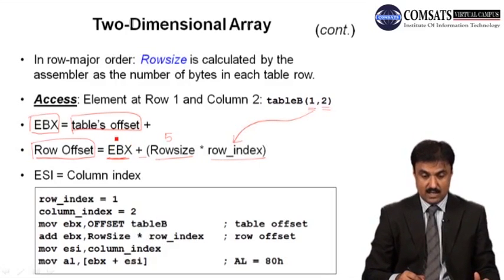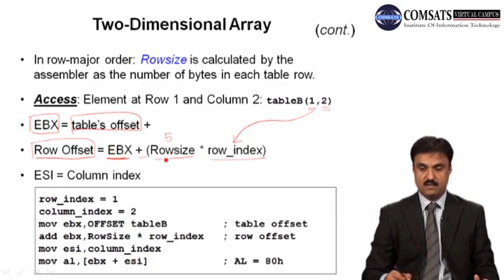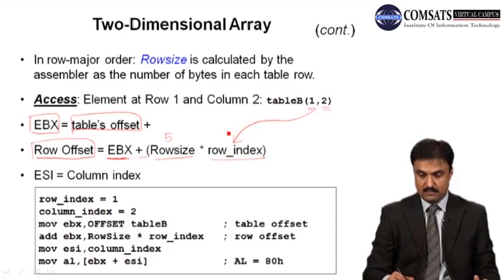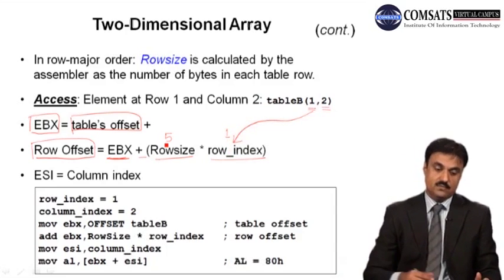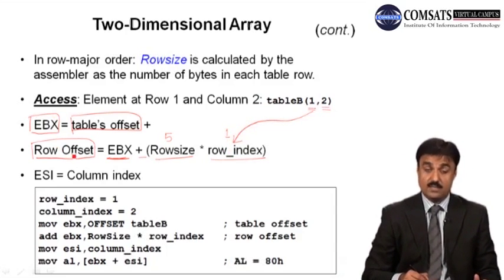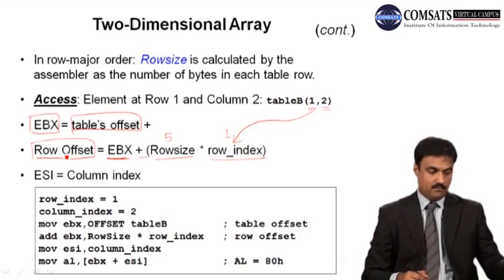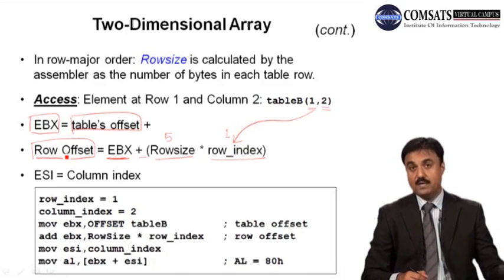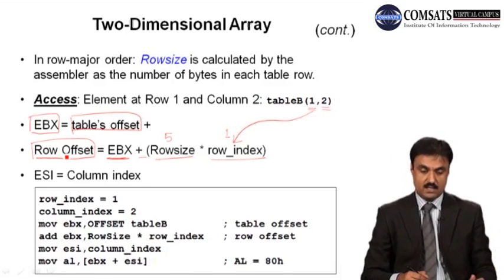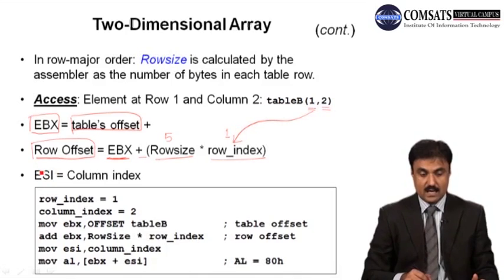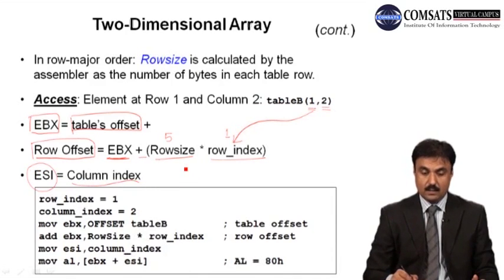Multiplying them gives us the row offset, how many bytes from the base address we have to skip before accessing that element. And ESI, for example, will hold the column index, which is equal to 2.